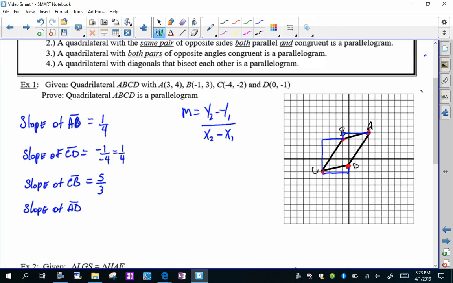My rise here is going to be negative, so that's -5, and then my run is -3. So that equals -5 over -3, which equals 5/3. What I might want to do is point out that that is from the graph.